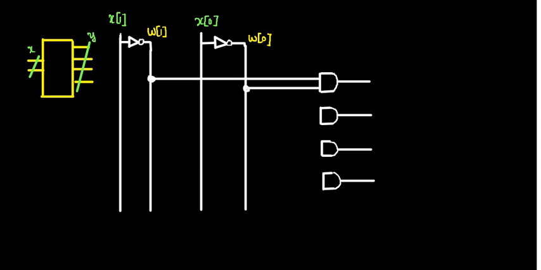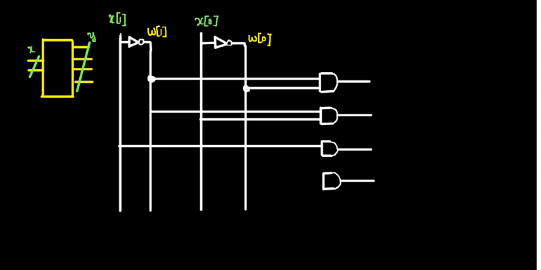Now the thing should be clear. 0001. So it should be one zero one one.